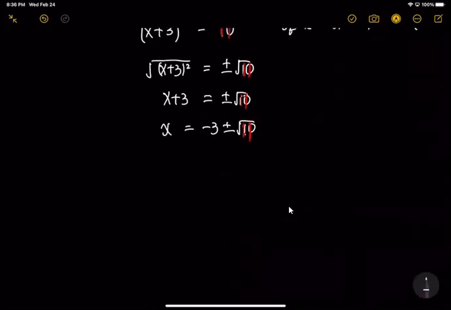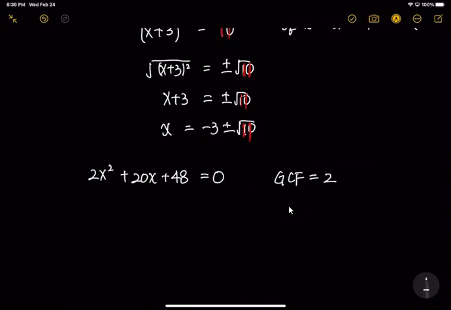Next, again, this one, I want you to solve for x. So the first step is you want to factor out the greatest common factor, which is equal to 2. So I have 2 times x squared plus 10x plus 24. I hope I did this right.